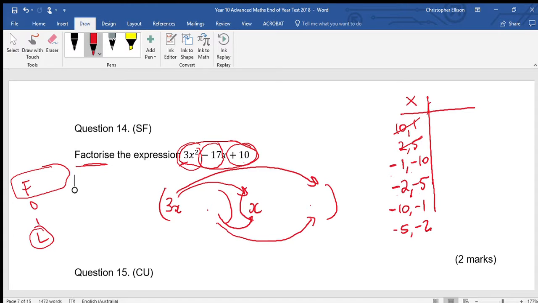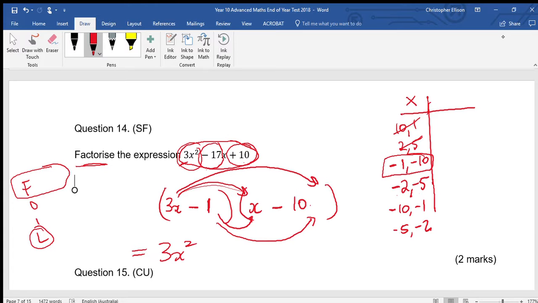So we might start by looking at this one here and seeing if that works. If I put negative 1 here and negative 10 here, when I expand that, am I going to get negative 17 as the middle value? Well, let's have a look. We know that we're going to get 3x squared when we do our first. That's the reason that we've chosen that.